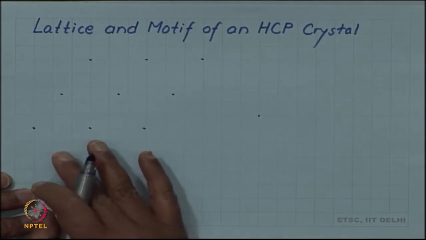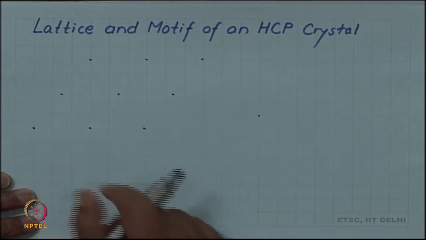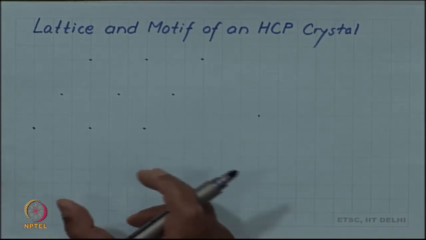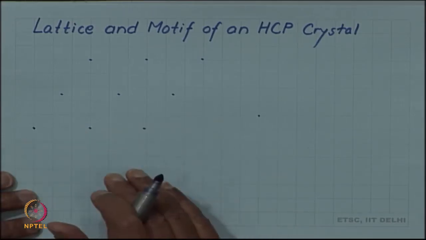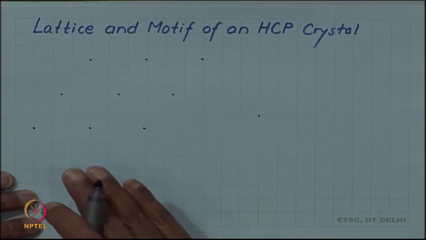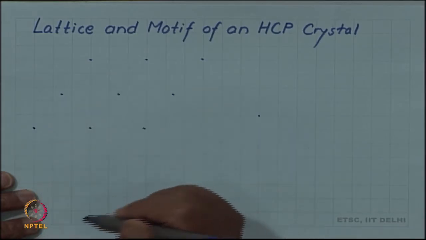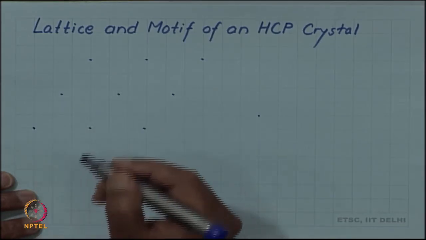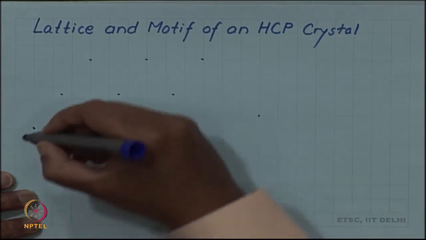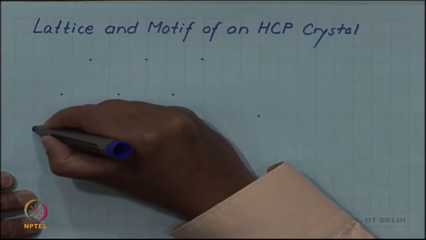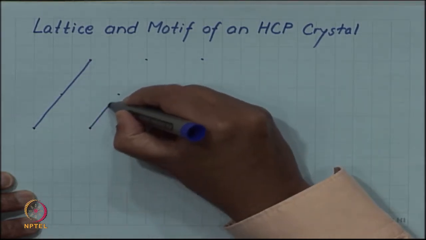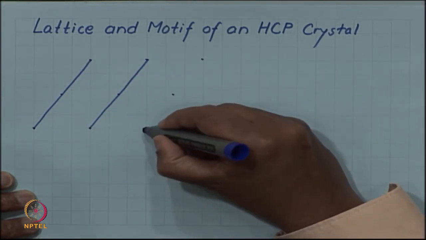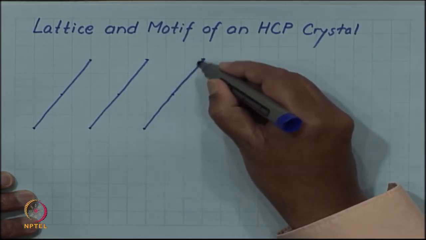These are the centers of atoms of the A layer, let us say, and I am drawing it in projection. All the A layers project on this plane, so all A layer atoms will project exactly at these locations. So, these are my lattice points. Let me draw the lines joining them to outline the unit cell.